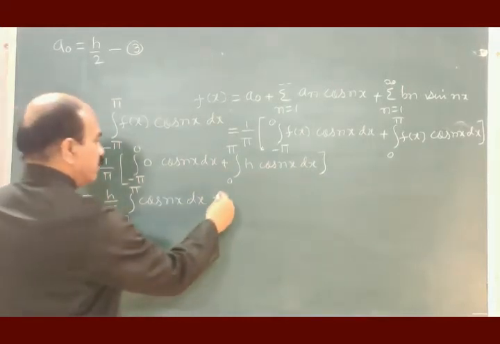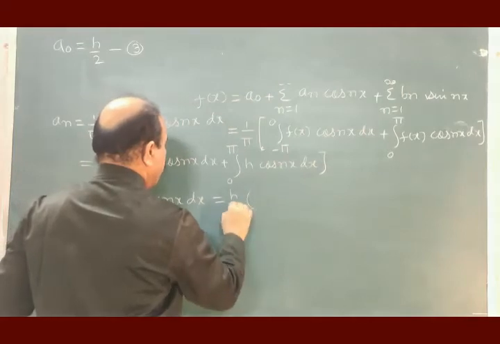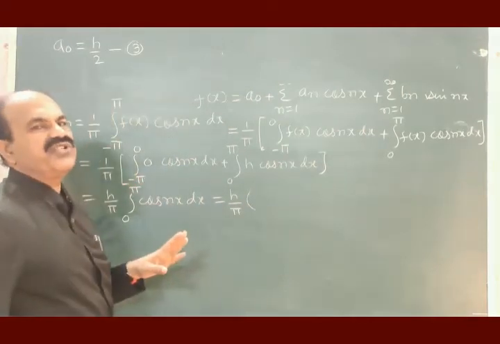This is equal to h divided by pi. What is the integration of cos nx?